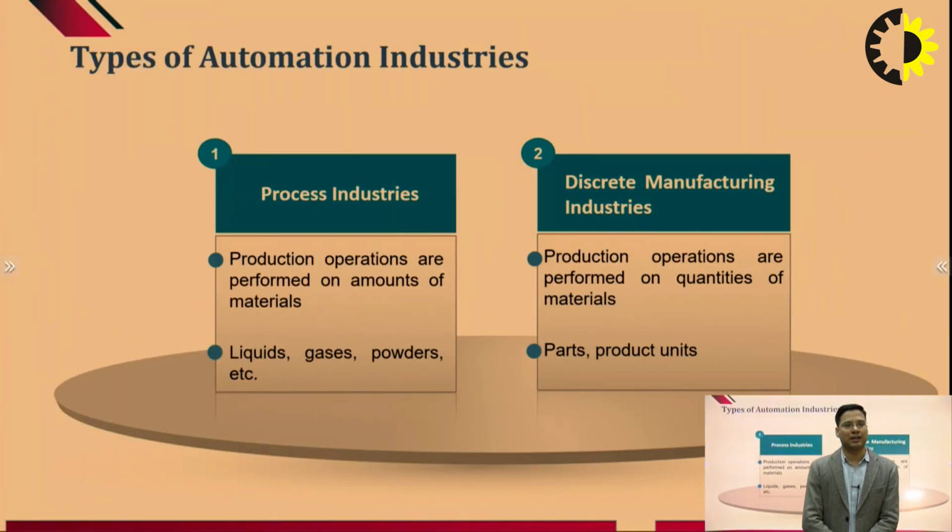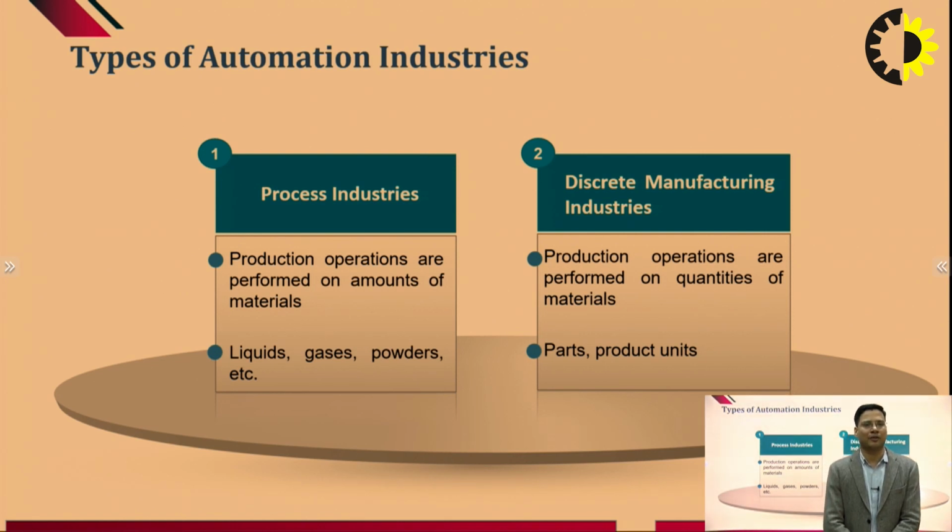There is another form of automation in the industries, which is process automation. When we are controlling discrete parts, we can say discrete manufacturing automation. The word itself justifies that there are separated parts, so in discrete manufacturing automation we have numbers to be controlled.